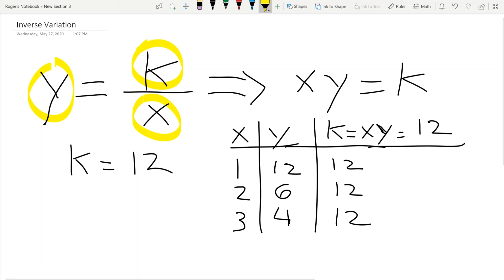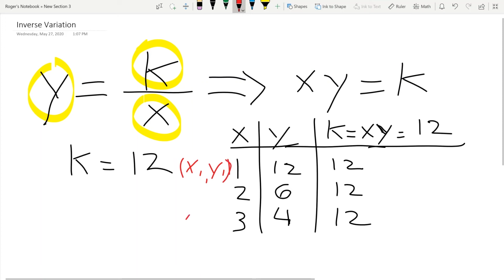Now, the thing that's cool here is that k divided by x is always going to be equal to y. And since k is always 12, it doesn't matter which 2 points you have, you will get the same answer. So let me illustrate here a little bit. Let's call this one x1, y1 on our graph.